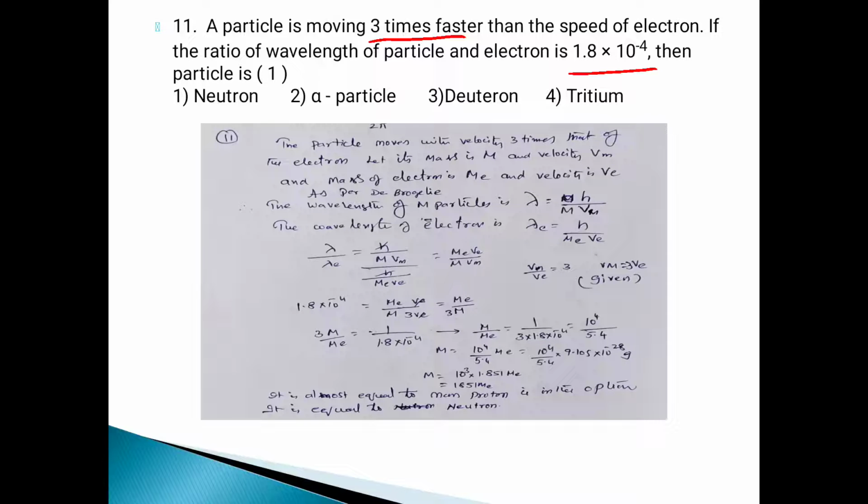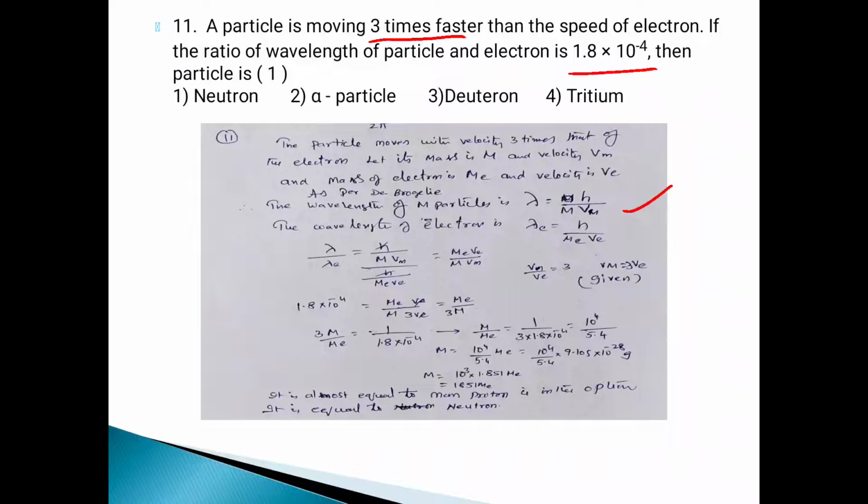Here we have to calculate using the ratio of the wavelengths. The wavelength of the particle of mass m, which we have to find out, is lambda equal to h by mv, that is de Broglie's equation we are using here. Then we can find the ratio of velocities, which is equal to 3.